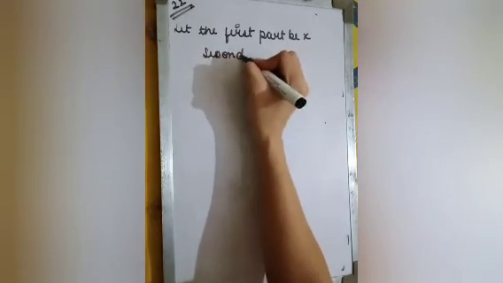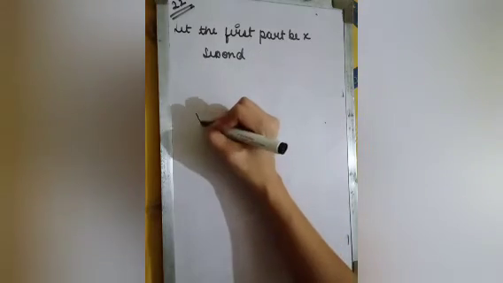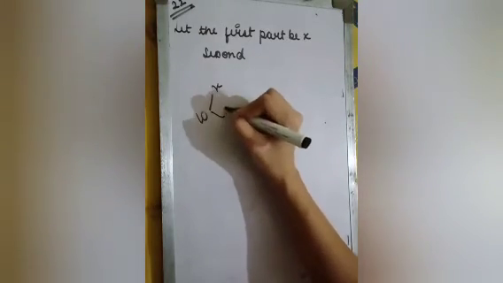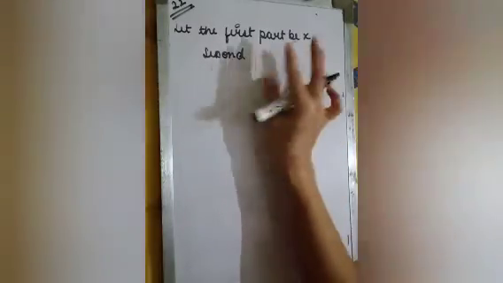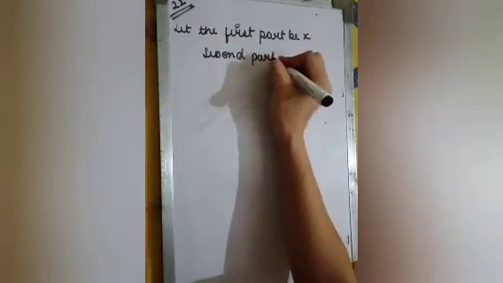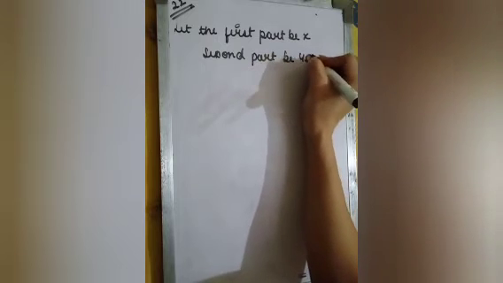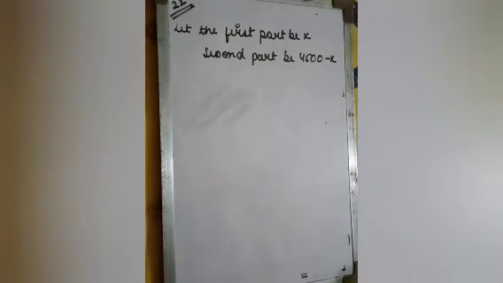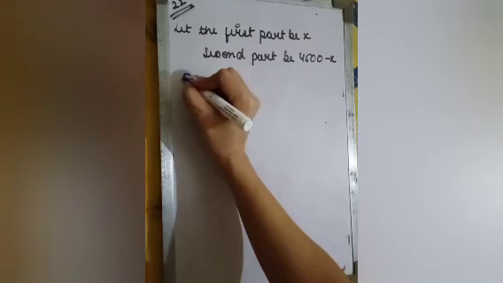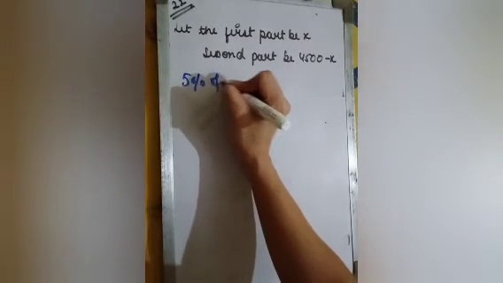Now student, you know if first part is x, अगर 10 का एक पार्ट x है तो दूसरा पार्ट 10 minus x होगा, of course. Similarly the second part will be 4500 minus x. Now they are saying 5% of the first part is equal to the 10% of the second.